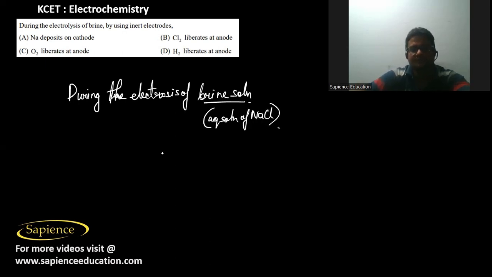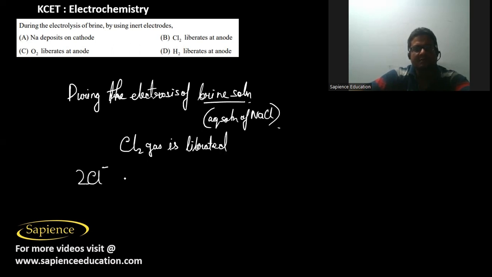So now here Cl2 gas is liberated, since 2Cl minus will lose 2 electrons and it will form Cl2 gas. So here oxidation is happening at the anode. Oxidation happens at the anode.